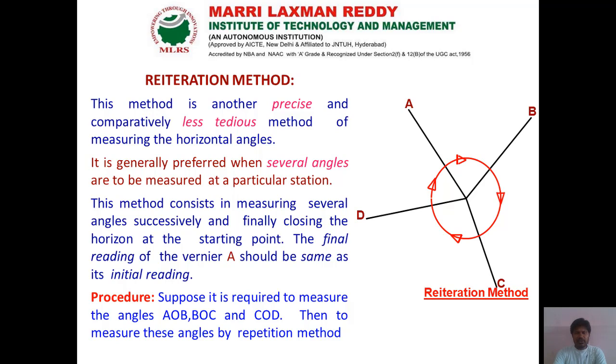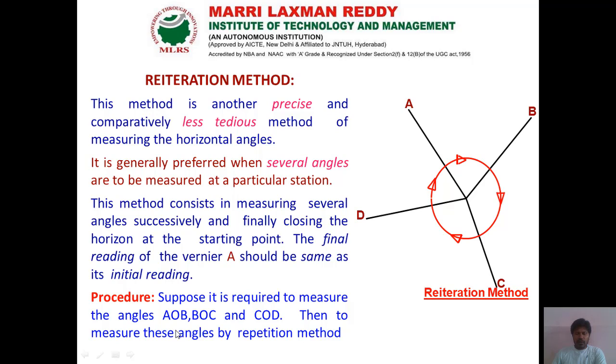When compared with the repetition method, the reiteration method is easy to work with, and easy to handle the instrument and the measurements. When several angles are to be measured from a particular station, at that time we should move on to this method, that is, the reiteration method.